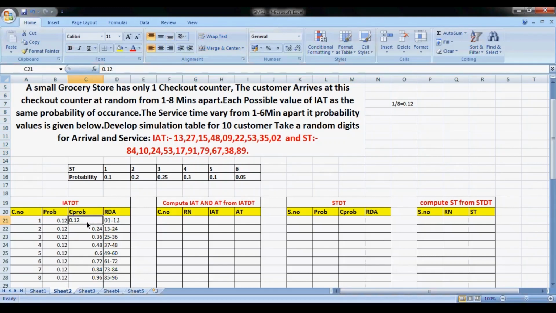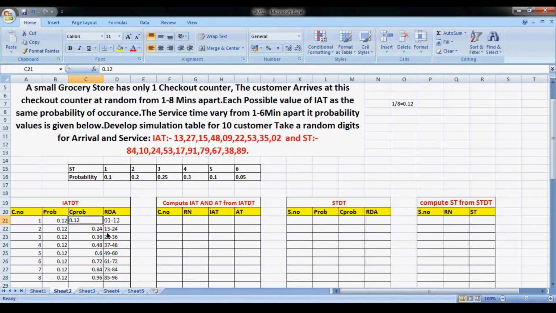Then calculate the cumulative probability. For the first customer it is 0.12. For the second customer it is 0.12 plus 0.12, which is 0.24. For the third customer it is 0.24 plus 0.12, which is 0.36, and so on. Now we need to assign the random digit assignment. It starts from 1 up to the cumulative probability value we got, that is 12, so 1 to 12.